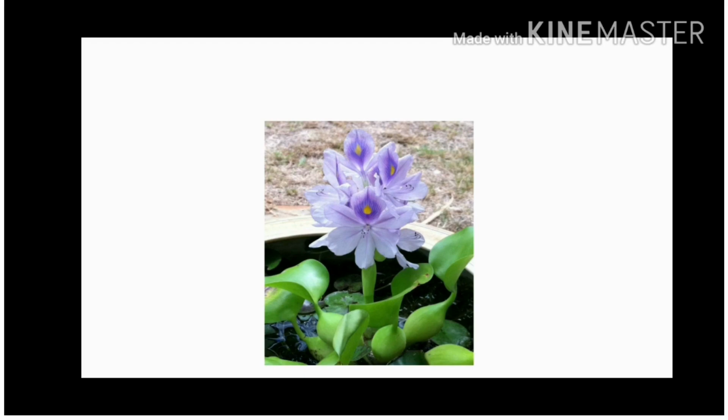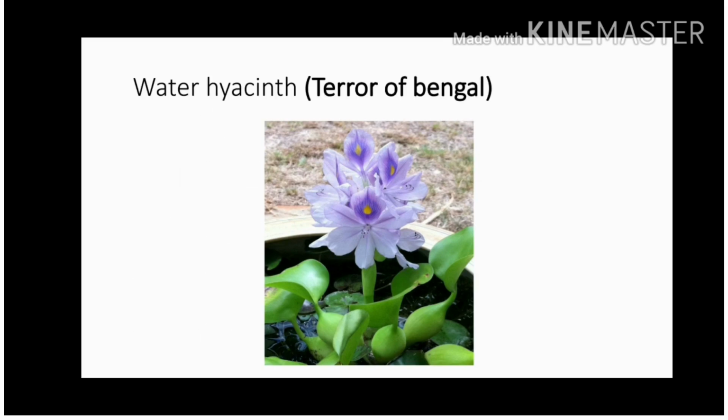And the time of vegetative propagation of this plant is very short. In a very short period of time, this plant can propagate and spread all over the water. That's why this plant is called the terror of Bengal.